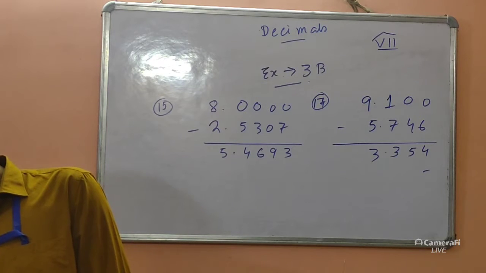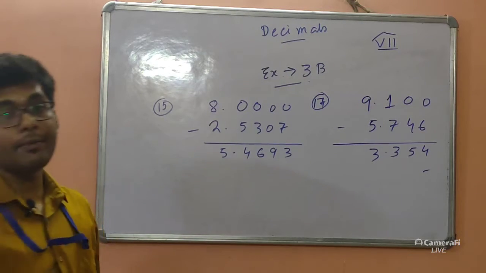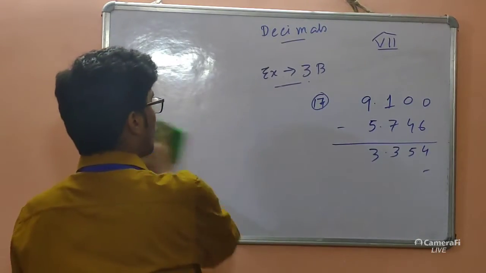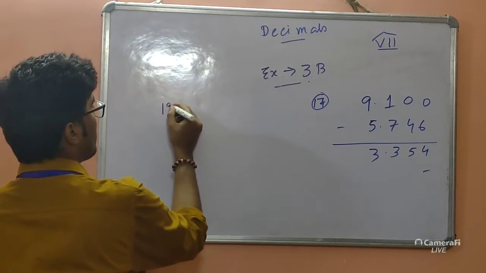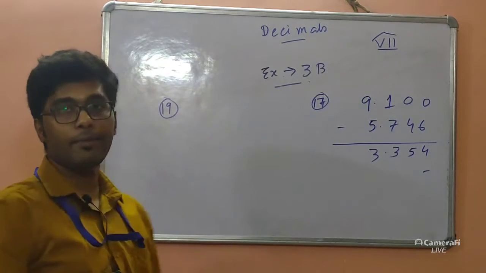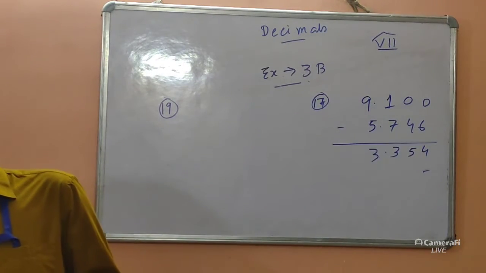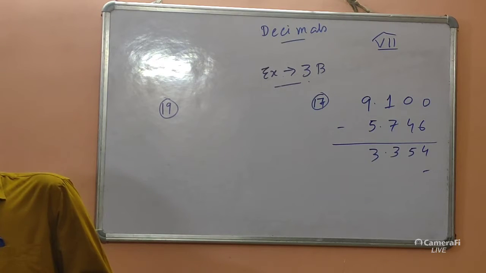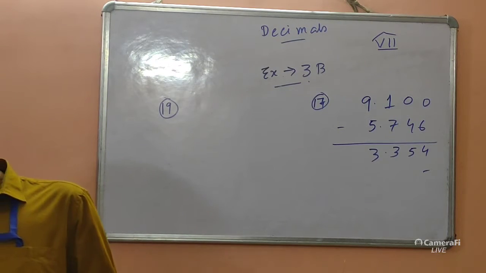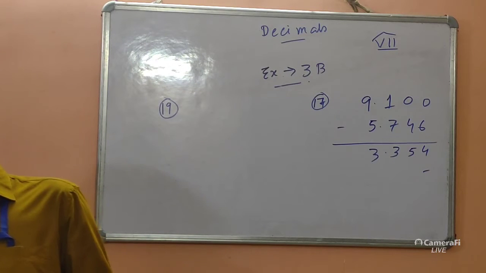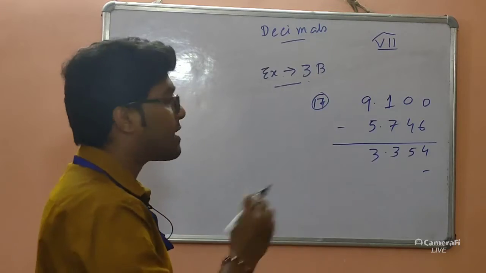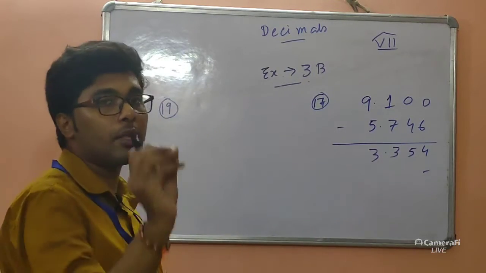Let us do question number 19. Question number 19 says, what is to be subtracted from 8.1 to get 0.813? So what needs to be subtracted? Let us understand this question by a simple question.